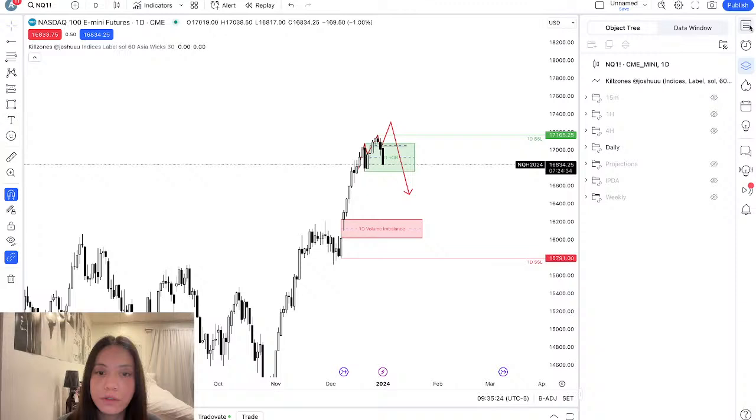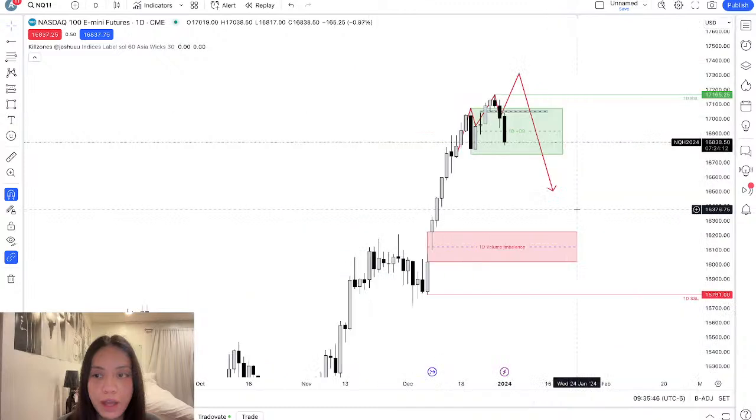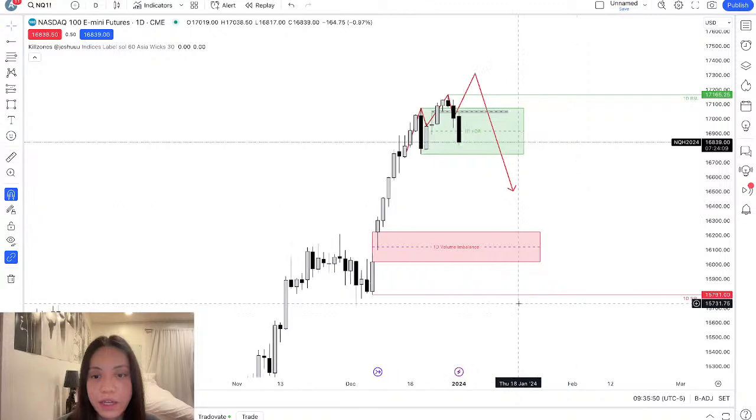We're currently in this daily order block, I guess you can call it. This is an inverted fair value gap. And this is the high on the daily, and then I'm thinking that we move towards this daily volume imbalance if we're bearish. But like I said, I'm bullish.